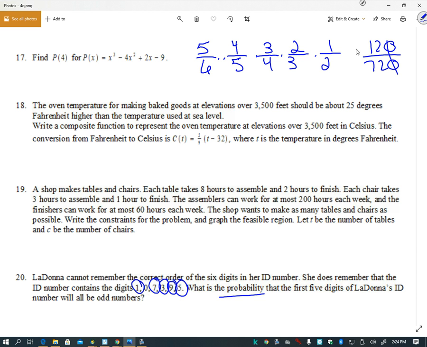Okay, or 12 over 72, or 6 over 36, or 3 over 18. Or what, 1/6? Does it come down to 1/6? Is 1/6 the correct answer? Yes! Awesome. Okay?